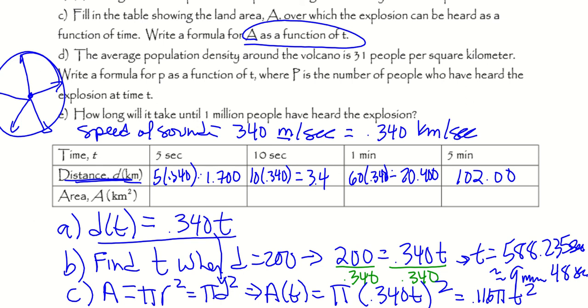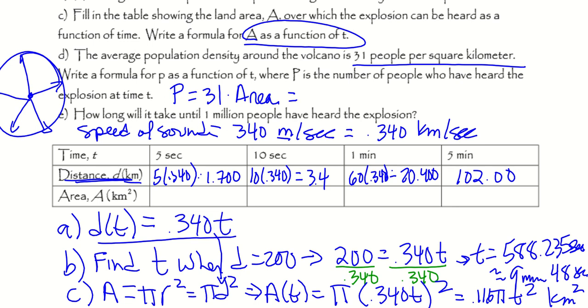D says that the average population density around the world is 31 people per square kilometer. Well, this area is in kilometers squared, right? And we're supposed to write a formula for P as a function of T, where P is the number of people who heard the explosion. So the number of people who hear the explosion would equal 31 times the area that is covered.